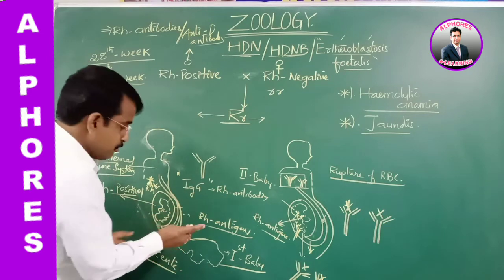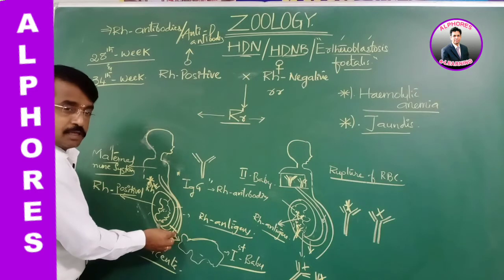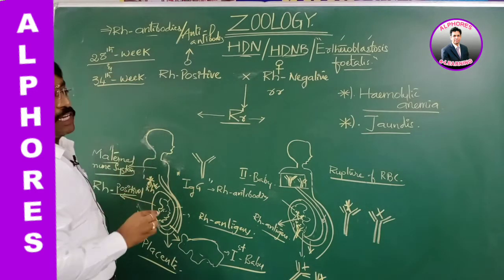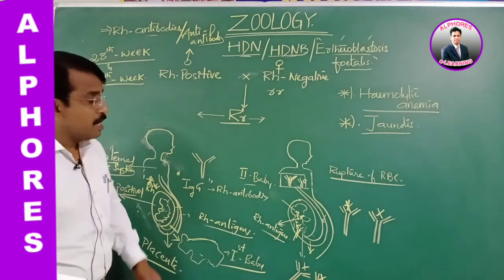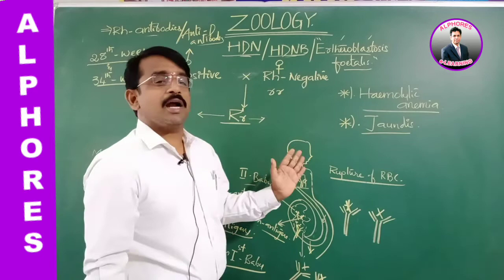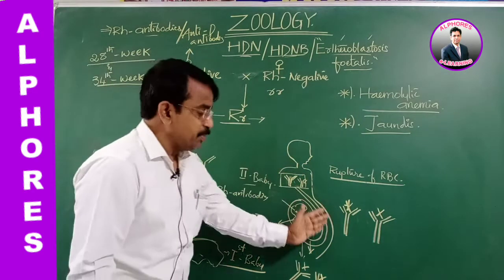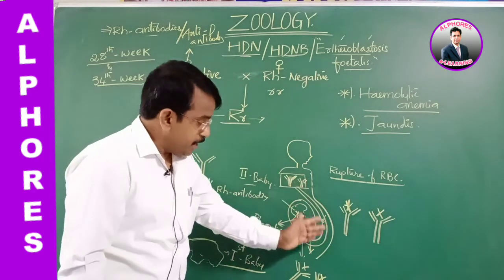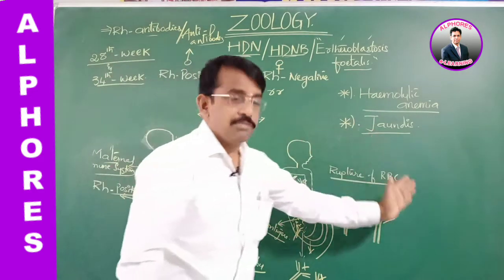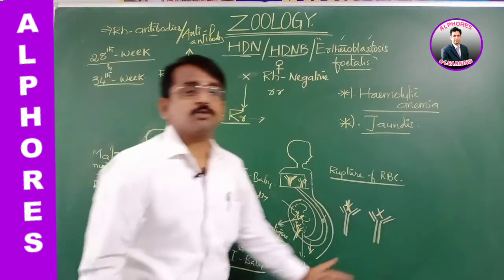That's the reason, immediately after the first birth of the child, or else by the 28th and 34th week, if Rh antibodies are given, the mother's immune system sensitization is prevented, and the second baby is also normal. Immediately after that, if Rh antibodies are administered, the third baby is also normal, the fourth baby is also normal.